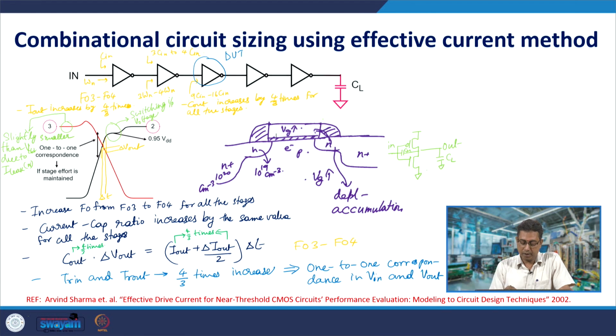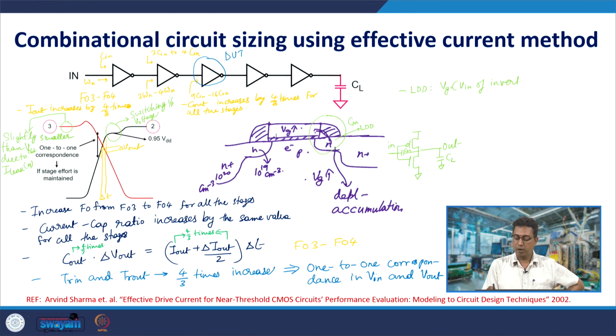This coupling capacitance is actually coming from the CGD here. So what would happen is, when the LDD, this we are calling LDD. Vg of this transistor is V in of the inverter.